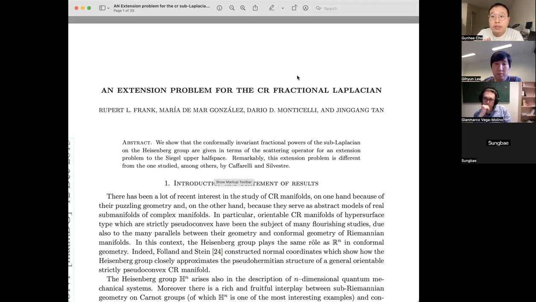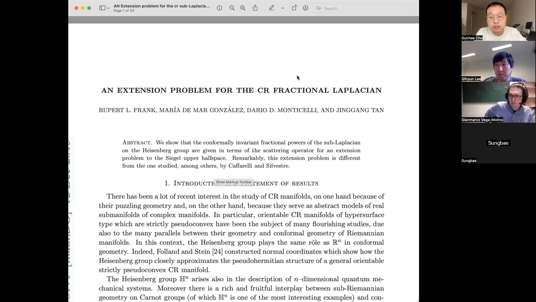And what people wanted to do is replace the real hyperbolic space with the complex hyperbolic space. And in order to solve the differential problem, just the topological boundary sphere was not good enough. So one needs to put in additional structure, a CR structure. And that naturally becomes the Heisenberg group, which is CR isomorphic to the n-sphere minus 1 point.